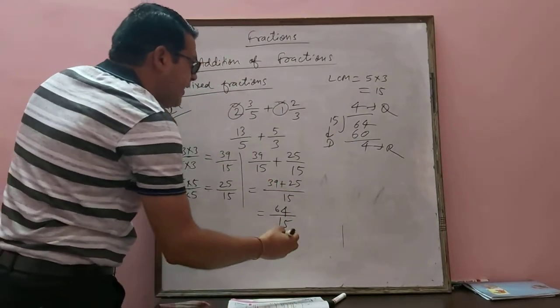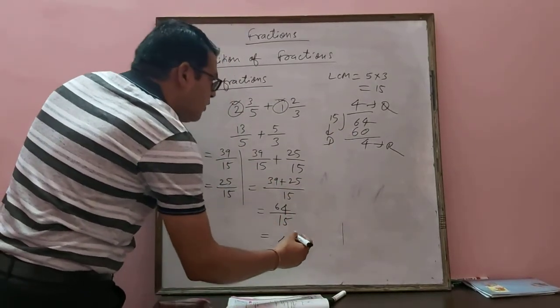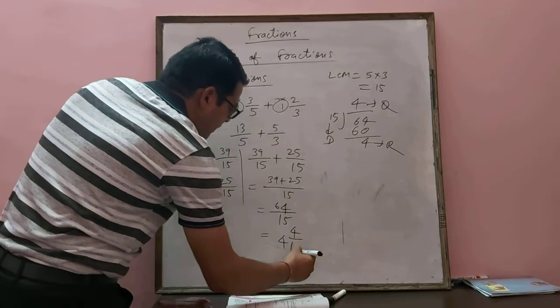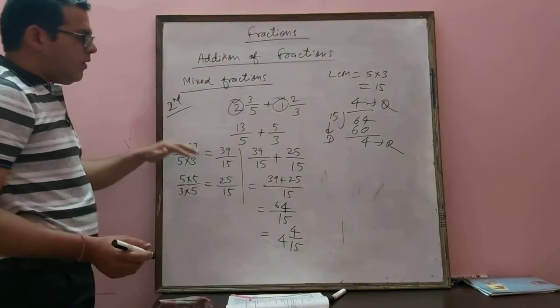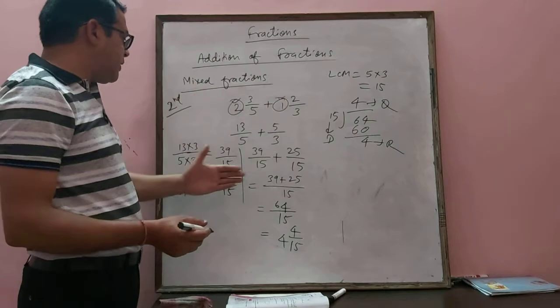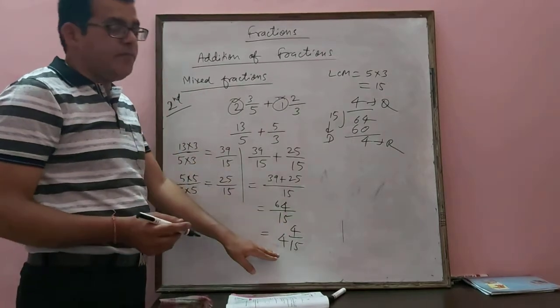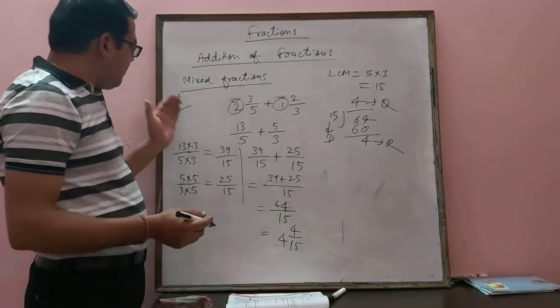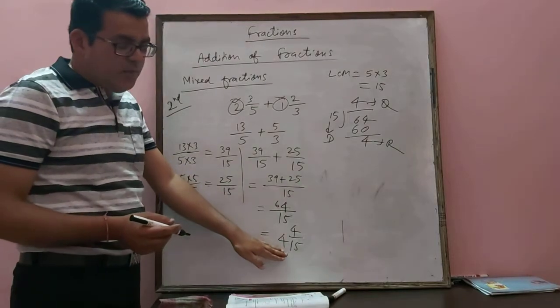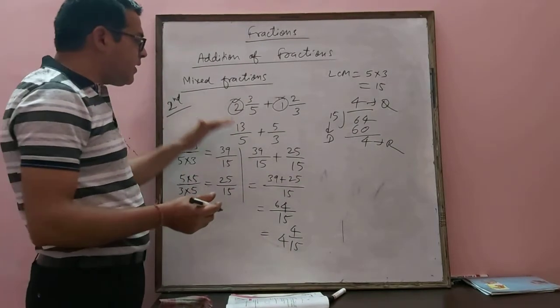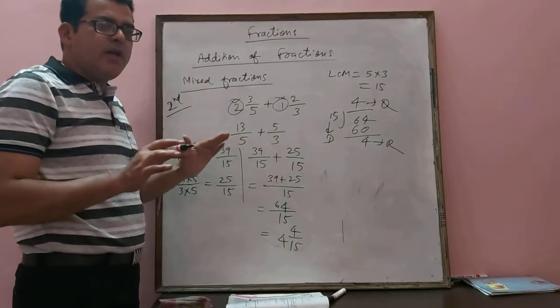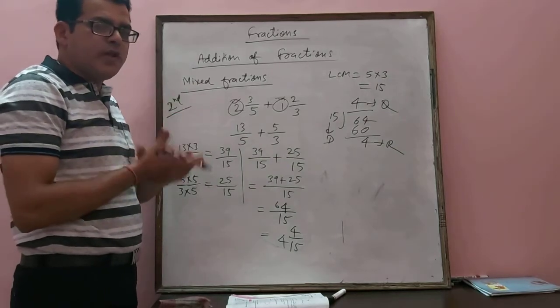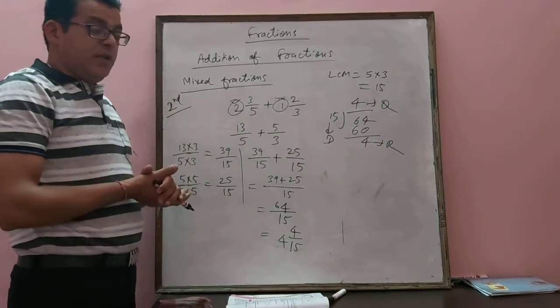So we can write it 4 whole 4 by 15. So in the first method also the answer was 4 whole 4 by 15, and in the second method also we are getting the same result. So it doesn't matter which method we use to sum up these fractions.